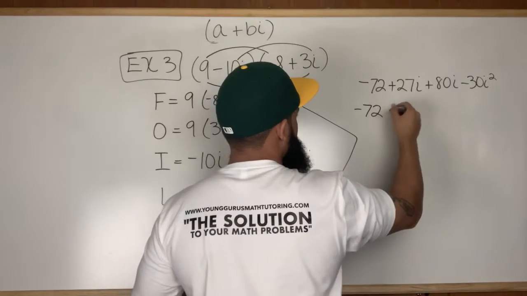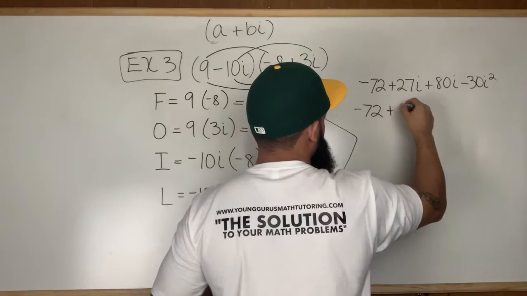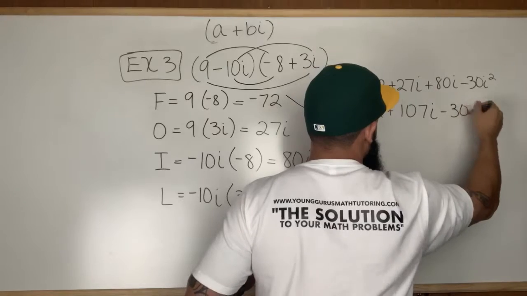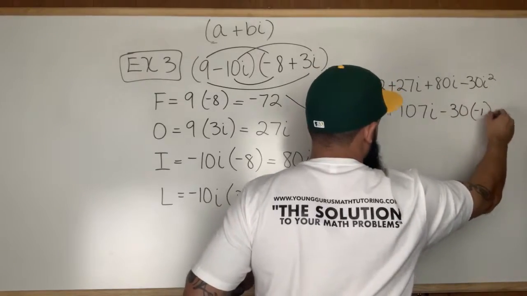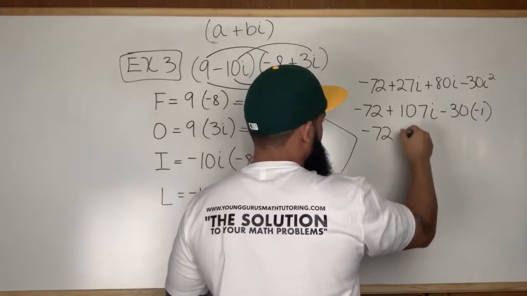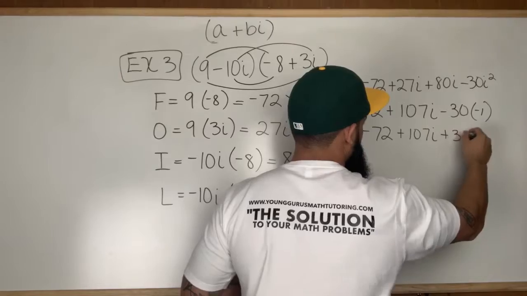So negative 72, if I take 27 plus 80, that gives me plus 107i minus 30. i squared is negative 1. Okay? So negative 72 plus 107i plus 30.